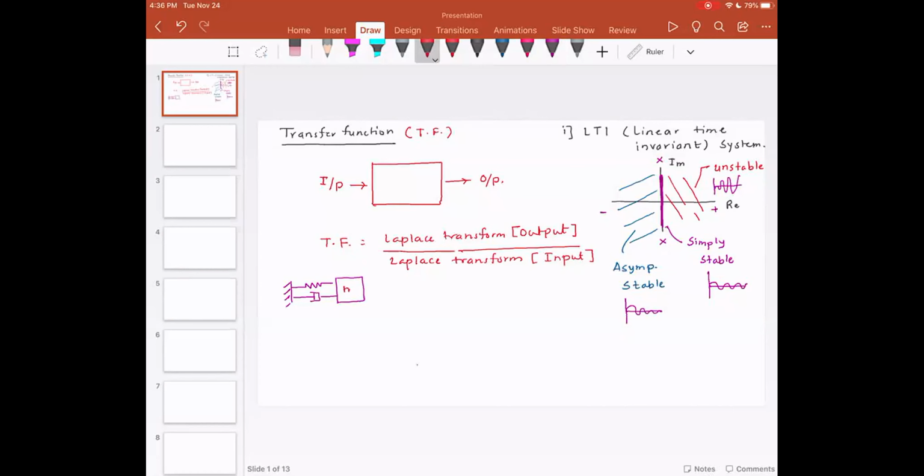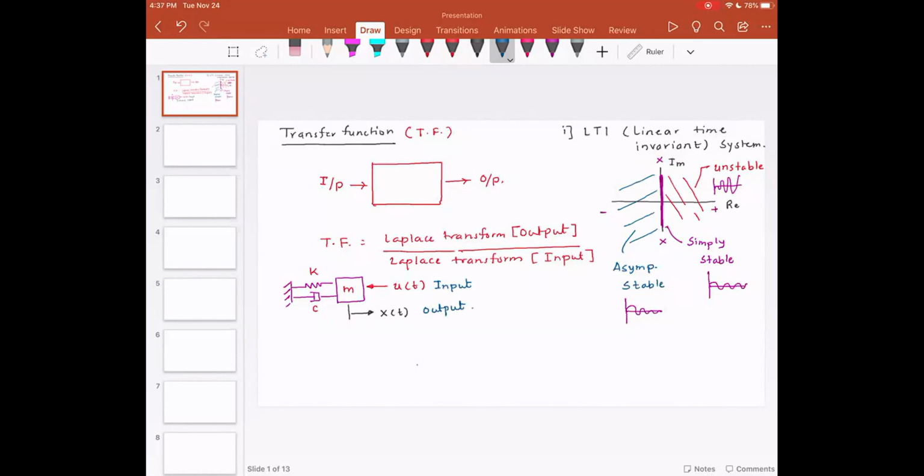So this is the mass M, spring constant K, damping constant C. And I want to have an external excitation, which is typically called U of t or F of t. So I'm going to call this U of t. And the system response is the displacement, which I'm going to call X of t. So U of t is nothing but input, and X of t is output.